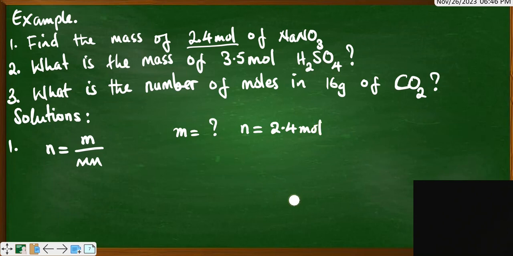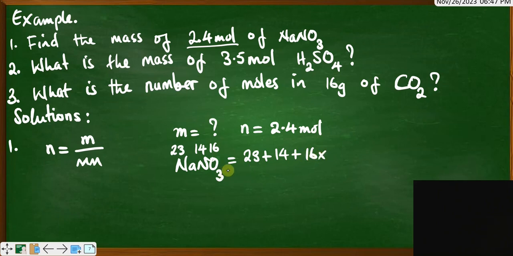Now what else do we need? We don't have molar mass, but we will find it from NaNO3. Sodium is always 23, nitrogen is 14, then oxygen is 16. So the total will be 23 plus 14 plus 16 times 3.